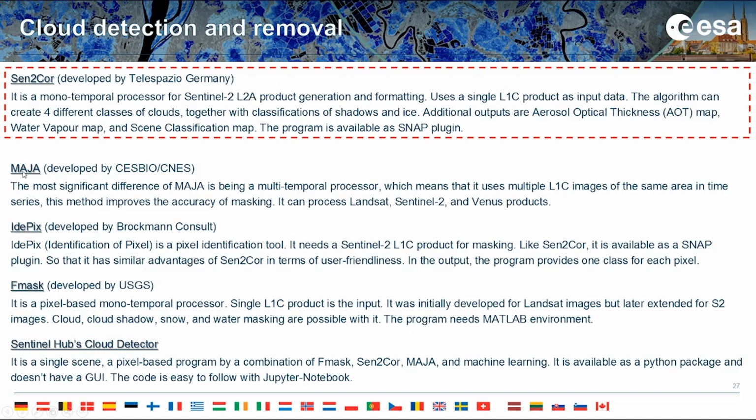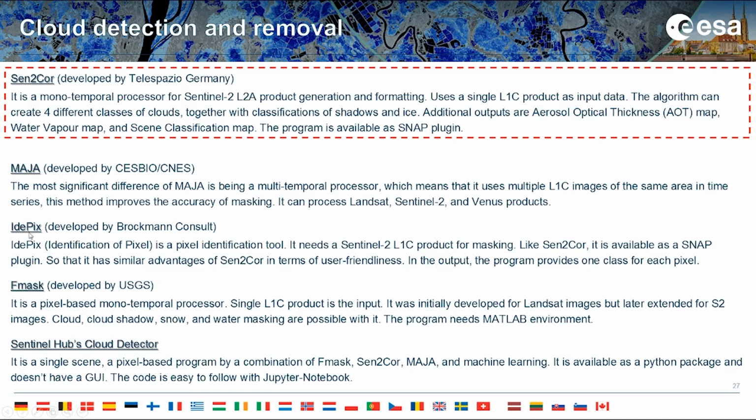After we have MAJA, developed by CNES. This is based on a multi-temporal processor. It means that you need multiple images. The Sen2Cor works on a single image. The MAJA works on a stack of images, but you need as first input, to train the algorithm, a cloud-free image.